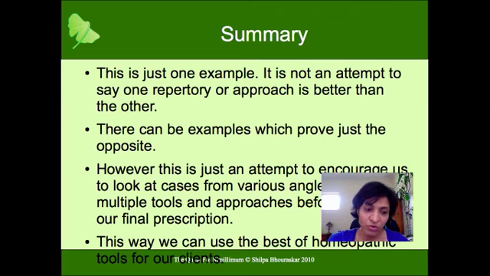I'll repertorize that case using a Boenninghausen approach. I'll repertorize that case using a Kentian approach. And I think I'll compare the remedies, and that has given me better success than just using one approach or one philosophy or one repertory. It's all about, again, using the best of our tools, best of different approaches, and then making the final prescription.